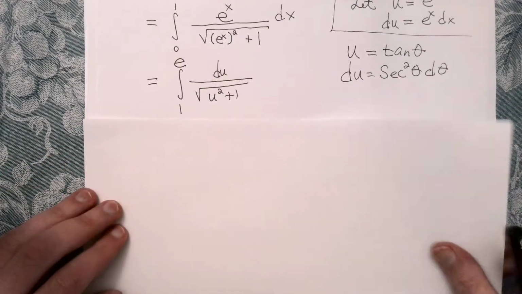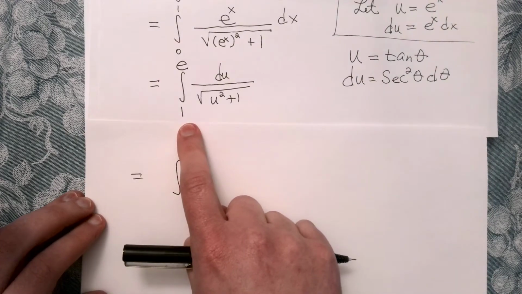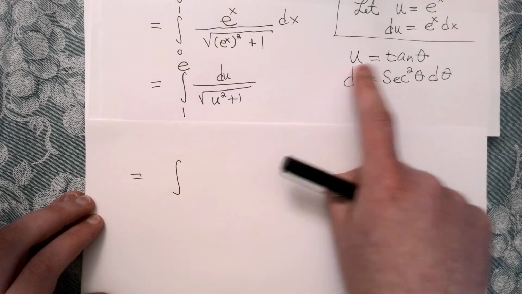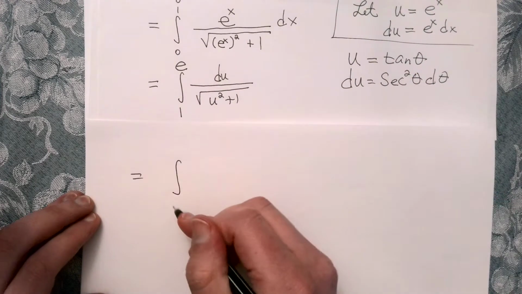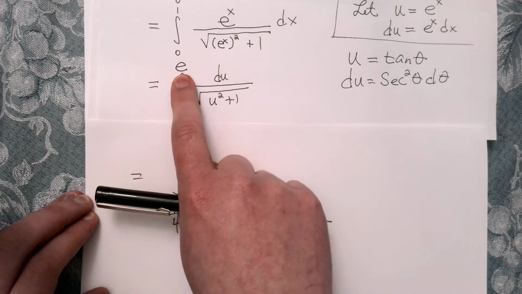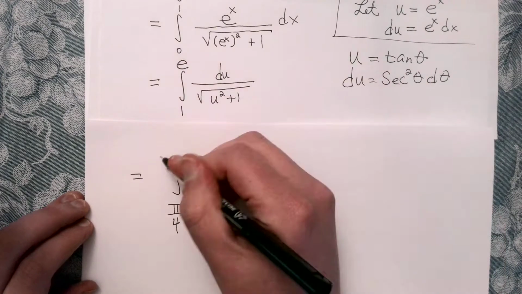So we have the following. Okay, so again, new lower bound of pi over 4, because, just one more time, if 1 goes in for u, then theta must be pi over 4. And then for my upper bound, if e goes in for u, then theta must be the arctan or inverse tan of e.